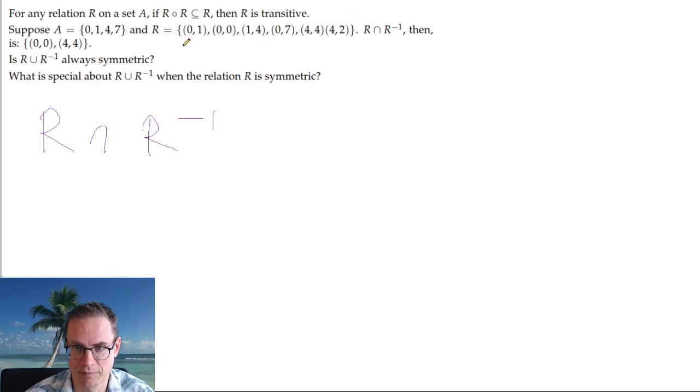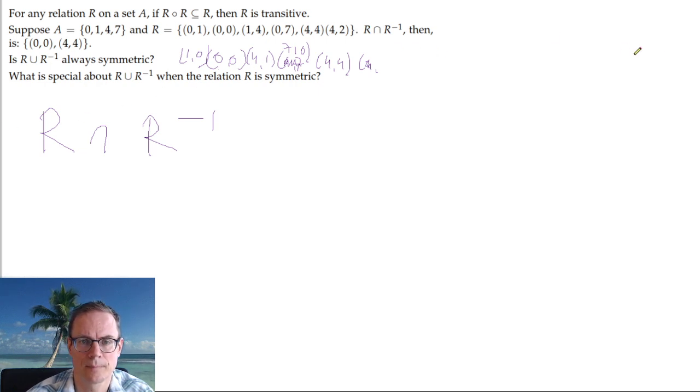Well, the inverse of that relation is simply every number flipped around. 0, 0, 4, 1, 7, 0, 4, 4. All right, I'm a bad drawer.